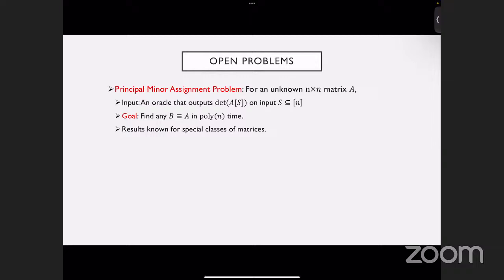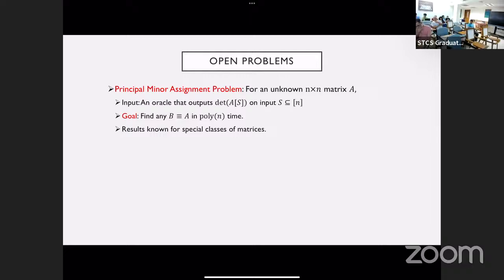Yes, so in this problem we have to make only polynomially many queries. So is it clear that that's sufficient? Forget about polynomial time, I'm just asking about query complexity. After making queries, can you identify an equivalent matrix already?